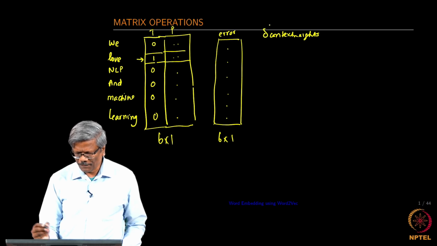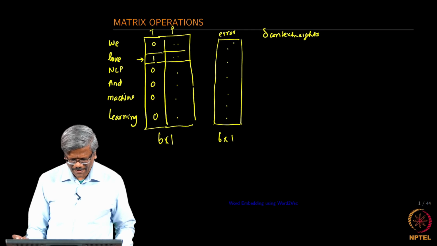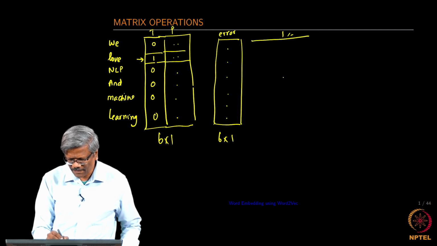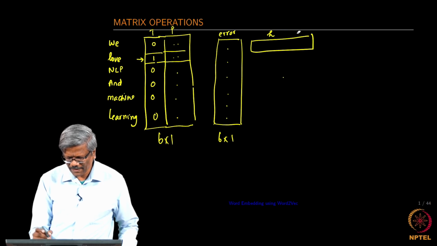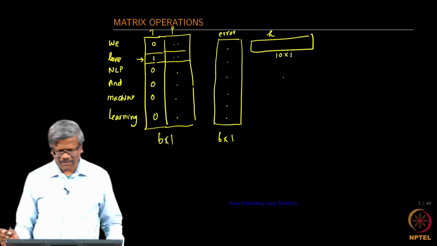So how do you get the difference in the context weight? Just taking the value as we have computed earlier. So we have to do this. So we take, let me add some space here. So this is our H, right, and this is of size 10 by 1, correct.